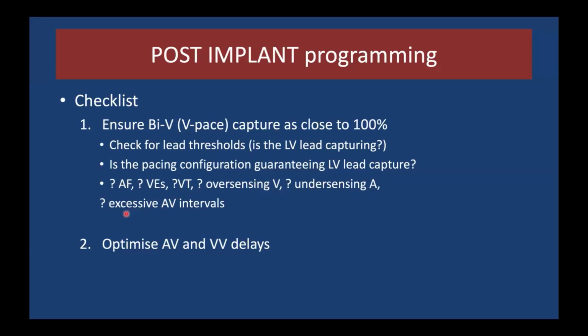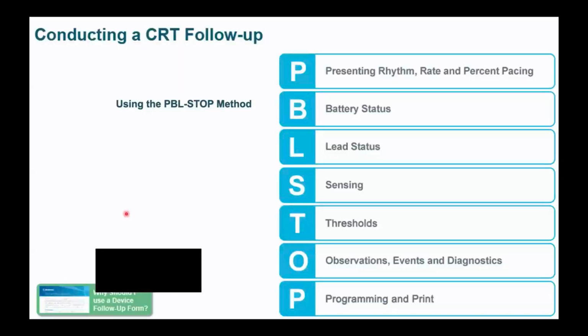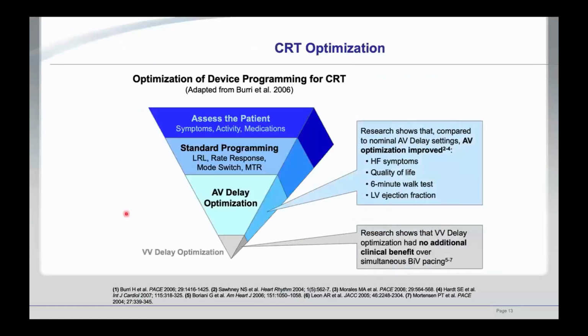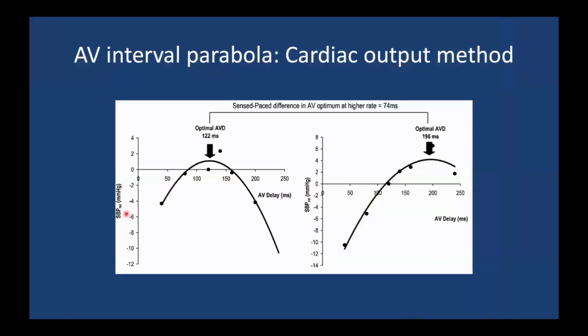The final subject is the optimization of the delays. Just to give you a clue, the appropriate atrioventricular delay, the timing between when the atrium is sensed or paced and when you then tell the CRT device to capture, forms this kind of shape for each individual patient.